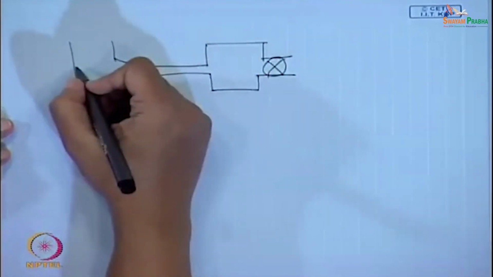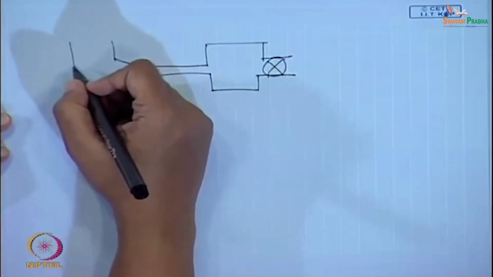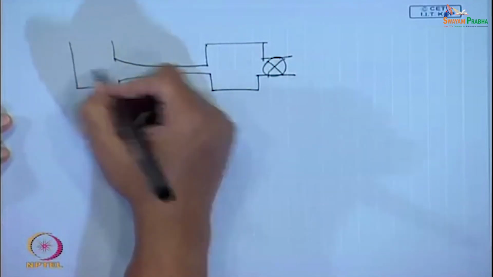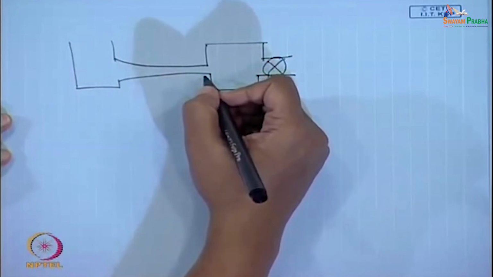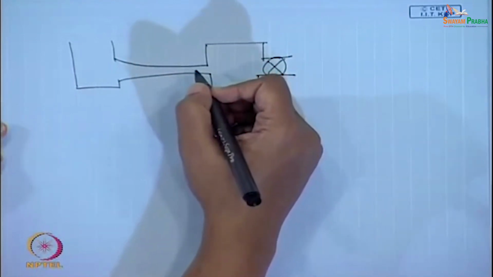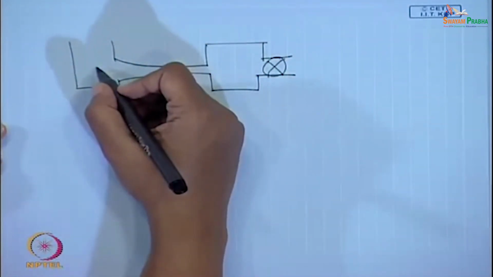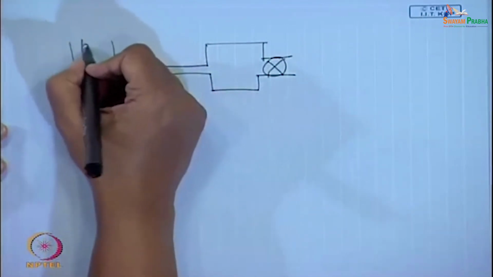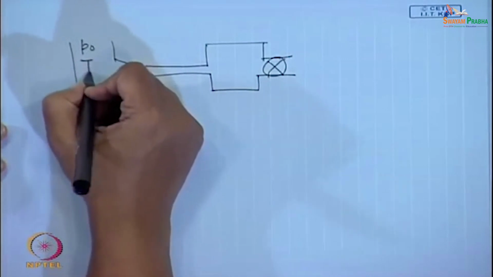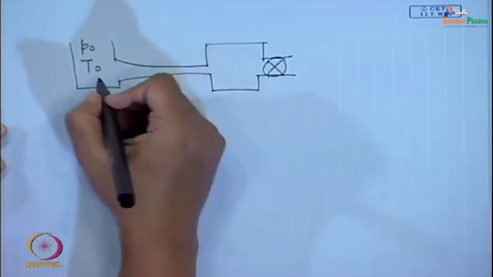Now, since the flow has initiated from say a tank and flow is occurring under isentropic conditions, what do we know? Conditions at the tank are the stagnation conditions, right. So, here the properties are P0, T0, rho 0, etc.